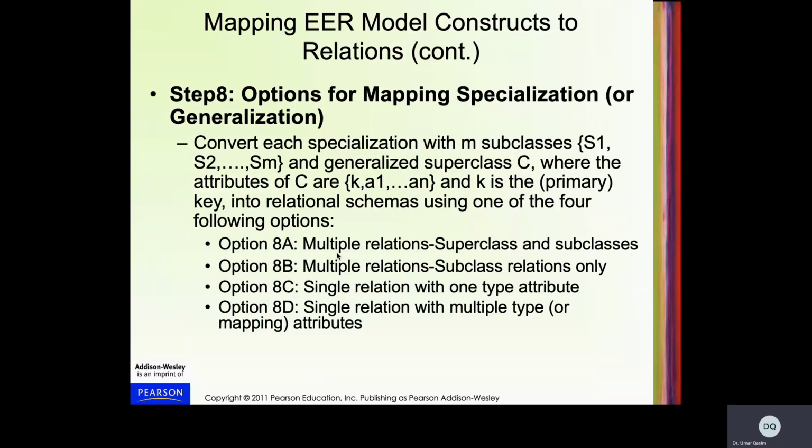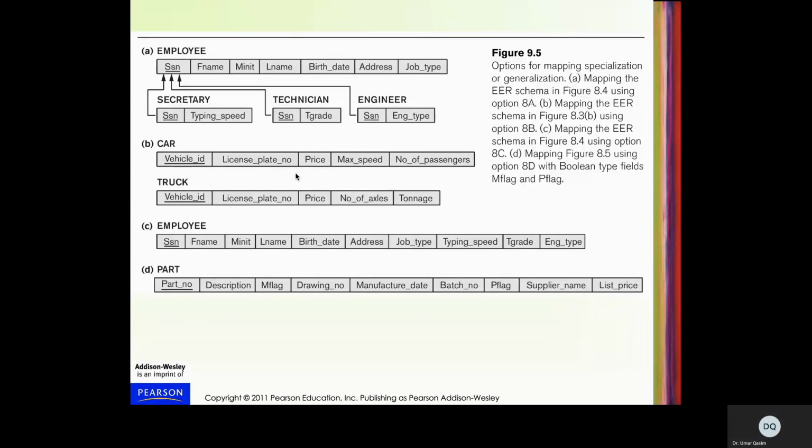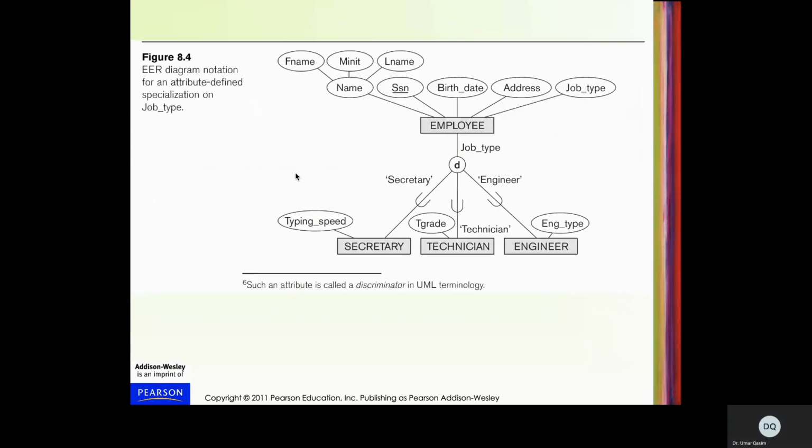And 8D is a single relation with multiple type attributes. So this is how we can address specialization and generalization modeling.